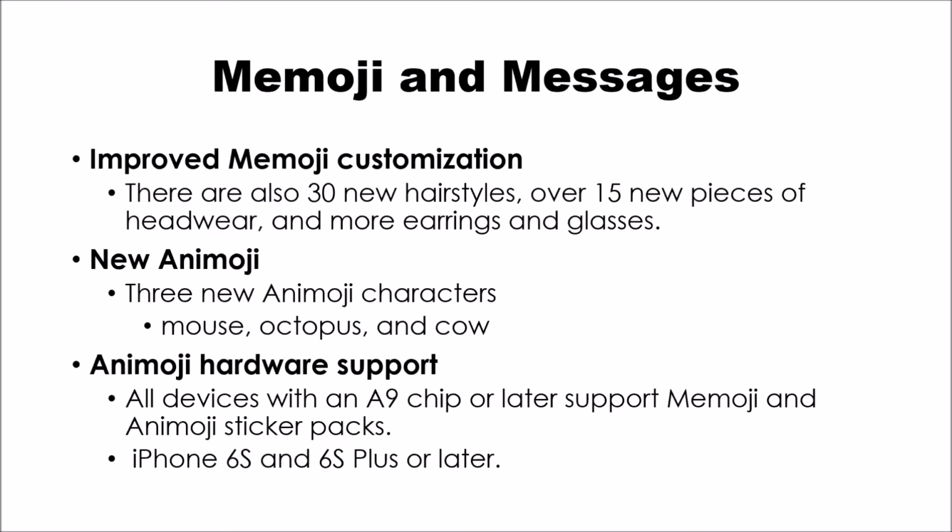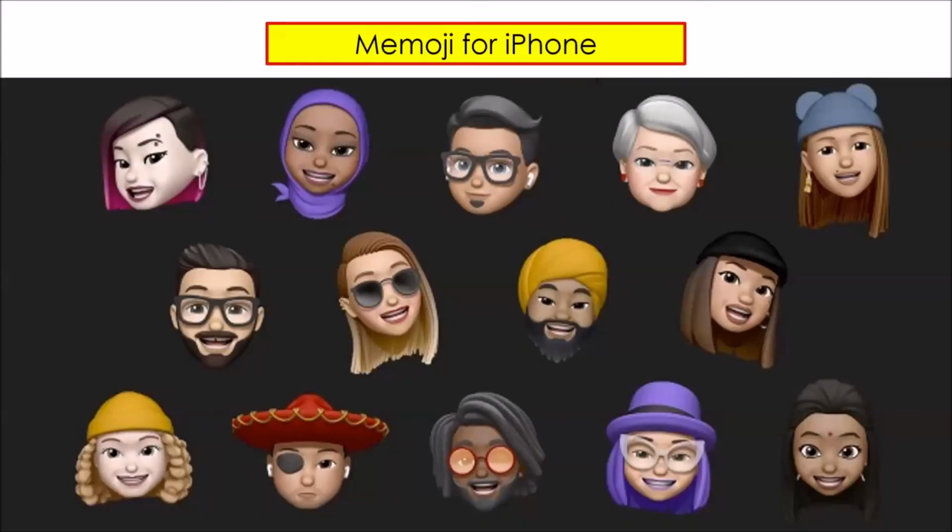And all of these new features will work on anything with iPhone 6S or later, all the way up to the 11 Pro. And here's a look at some of the faces. And you can do piercings, hats, hairstyles.